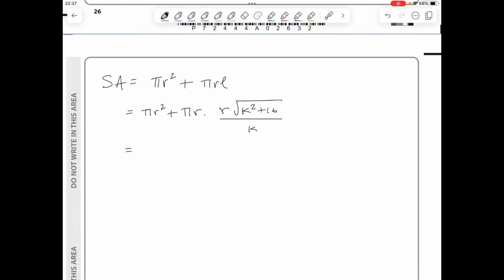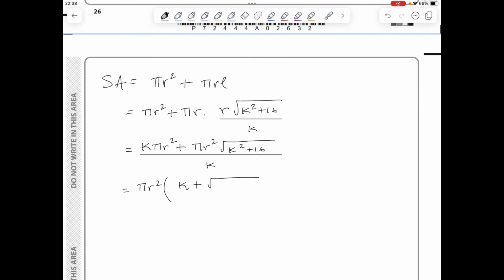So I will multiply the first by k and get k pi r squared plus pi r squared square root of k squared plus 16 all over k. So let's factorize. Let's take the pi r squared out as a common factor. So pi r squared, I'll be left with k plus the square root of k squared plus 16 all over k, as required.